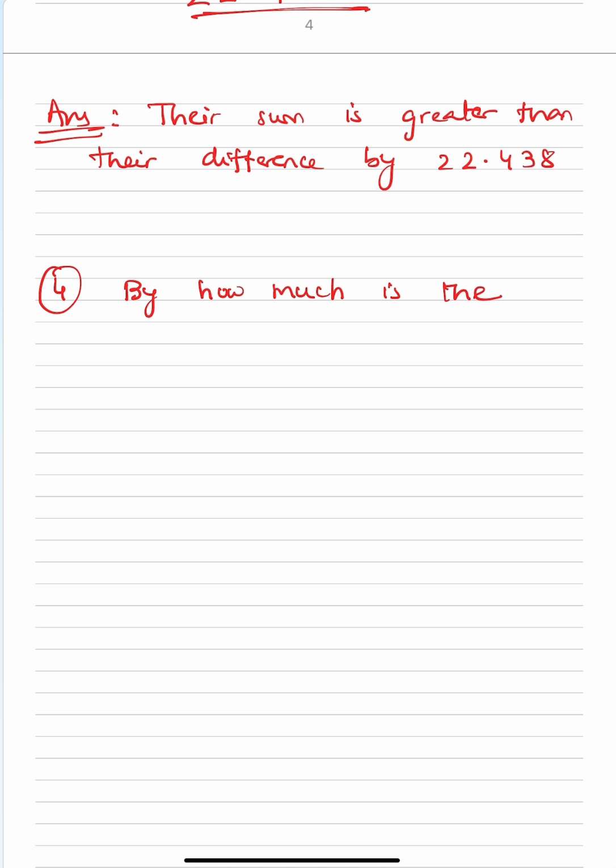Okay. Now next sum, that is by how much is the difference of 604 and 406.064 less than their sum.